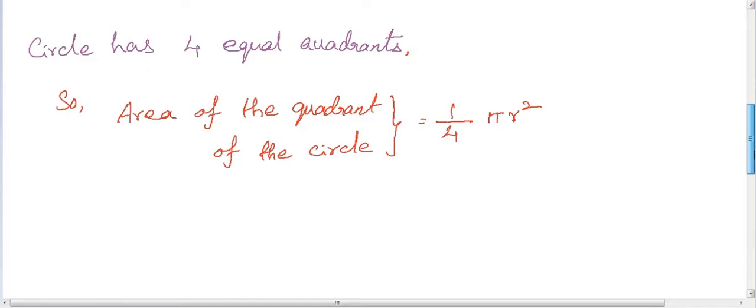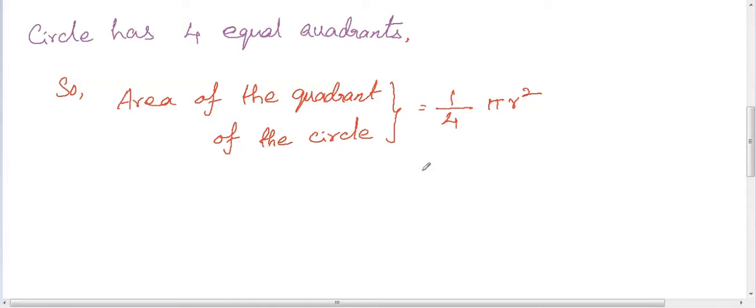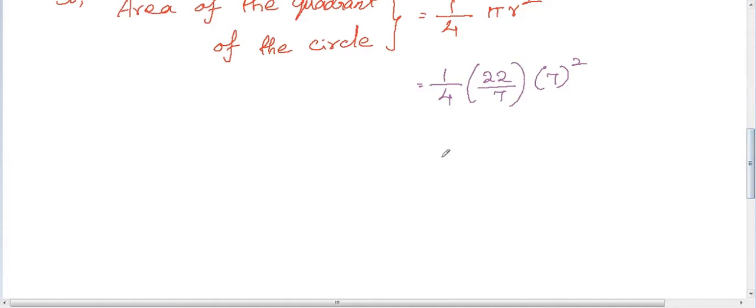Here the pi value is 22 by 7 and the radius which we have got is 7 centimeter. So 7 square. If we simplify this, we'll get 1/4 into 22 by 7 into 49, because 7 square is 49.